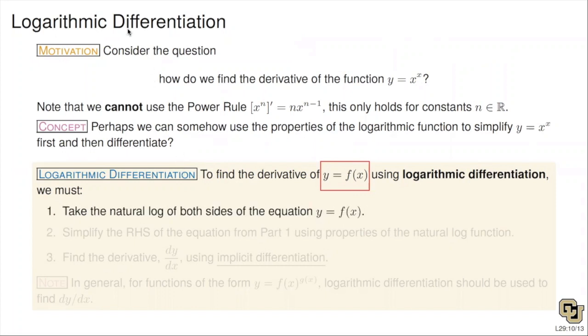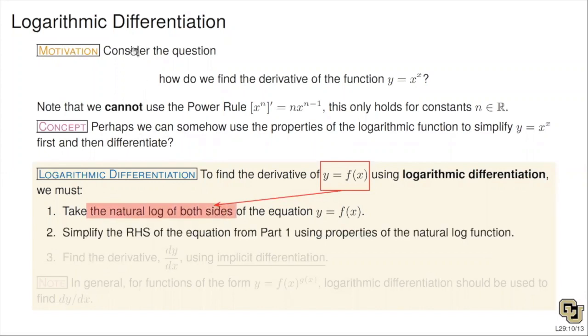Starting from y equal to f of x, first take the natural log of both sides. Then simplify the right-hand side. When we take the natural log of both sides, we'll have the ln of f of x. We want to simplify the ln of f of x, the right-hand side, using properties of the log, such as bringing down the exponent.